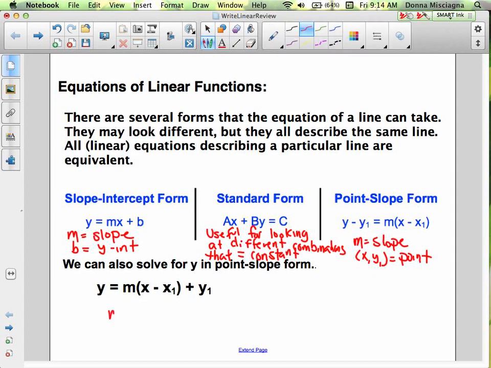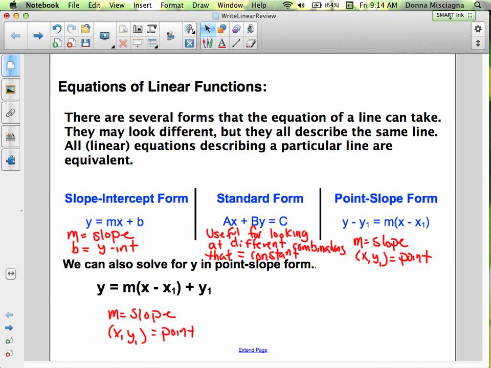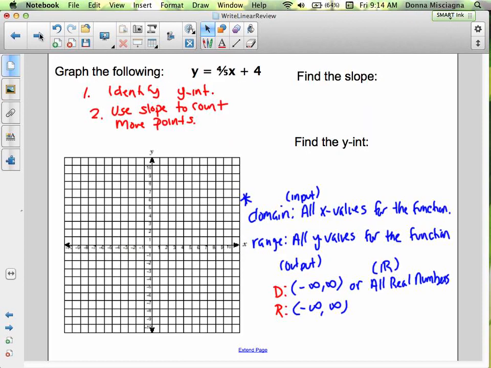Here, m is still the slope, and x1, y1 is still a point. Over here, we are going to be graphing a few, and a couple of them are in your notes. Anything you see up here, I believe, is in your notes as well.